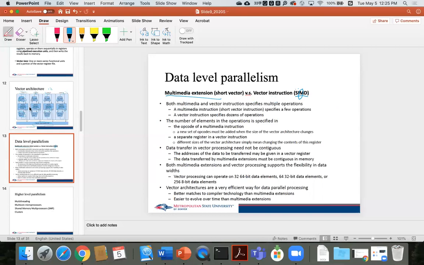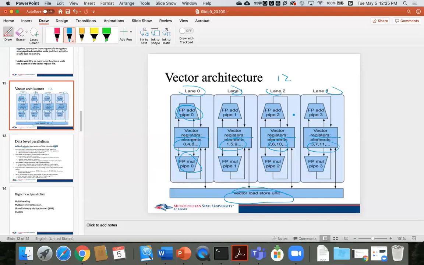The biggest difference is that for the vector machine, we have separate hardware, so you have different lanes that all do the same thing, and different pieces of data are sent to different locations.